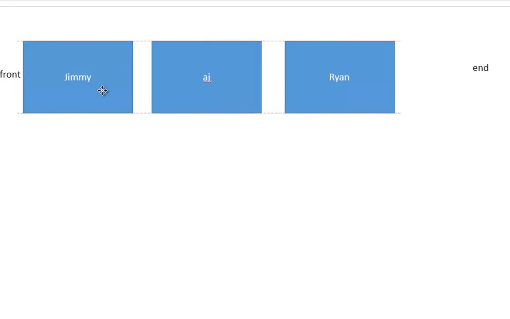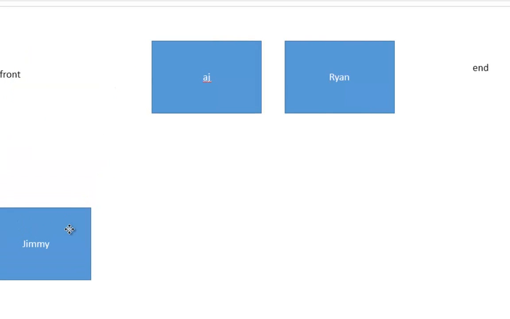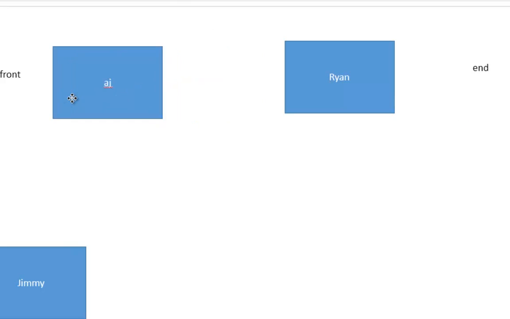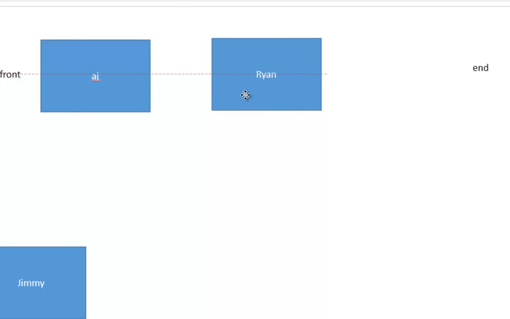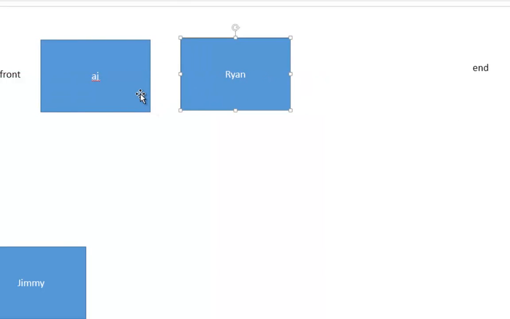Dequeue returns Jimmy, and I can do whatever I want with that object. And then I can destroy him, and then Ryan and AJ move up in the line, and now AJ is the head of the queue. So if I dequeue AJ, then again Ryan will be the head. But now I can access AJ's variables and data.